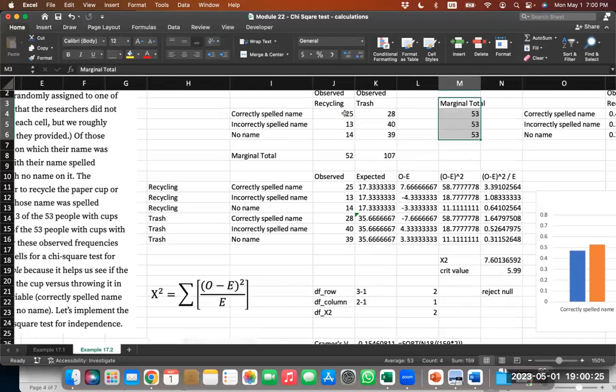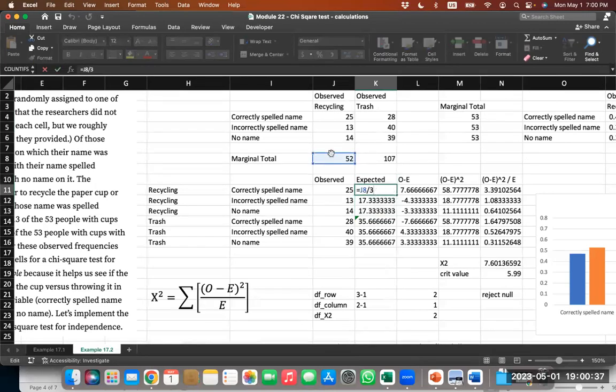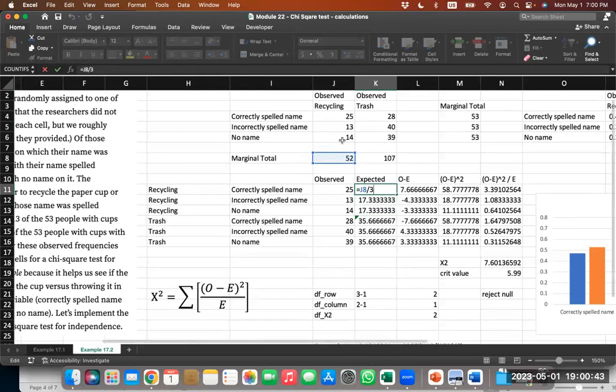Then basically take these observed entries, bring them in a long format, and think about how to quantify your expected count. The expected count is basically calculated as the marginal total divided by the number of groups, the number of levels of the independent variable.